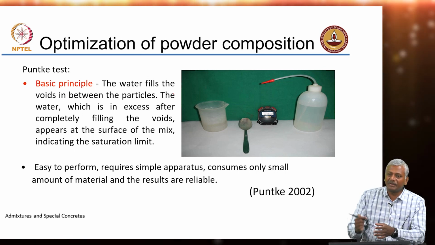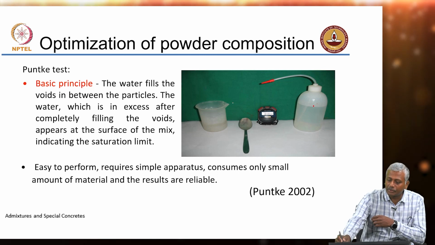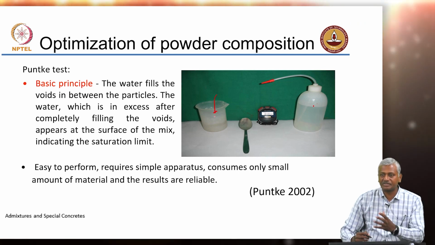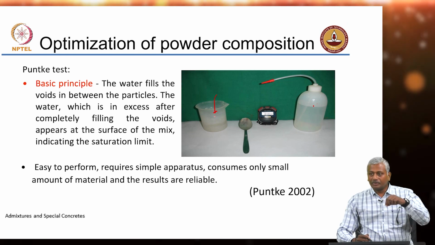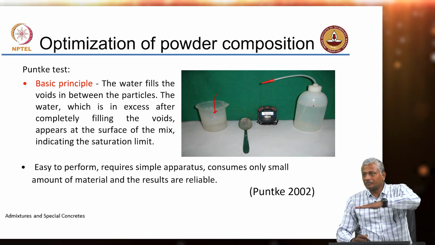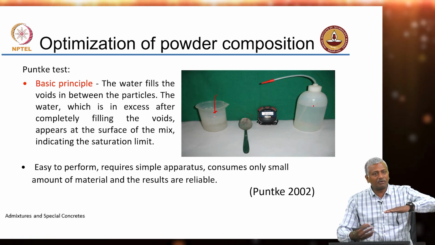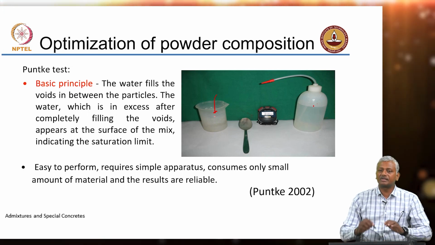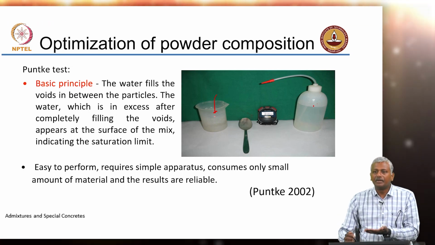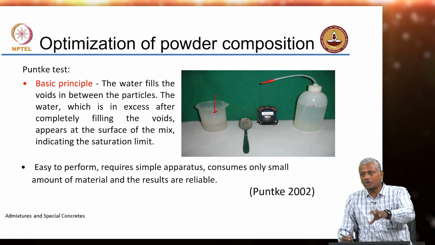What you are doing is filling water into this mixture, using a dropper, into this beaker which has a mixture of cement and fly ash. The water fills up all the space between the particles, and then whatever extra water you add will be excess, it will come onto the surface and provide a surface sheen. So it's almost like your saturated but surface dry condition. That's what you want to determine.